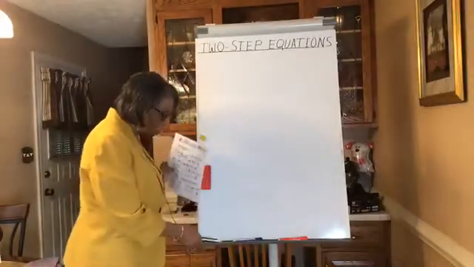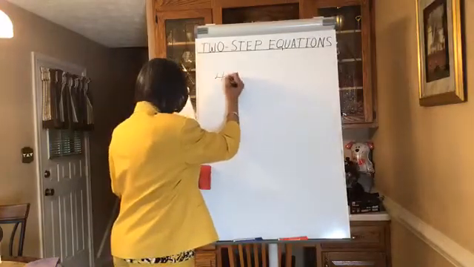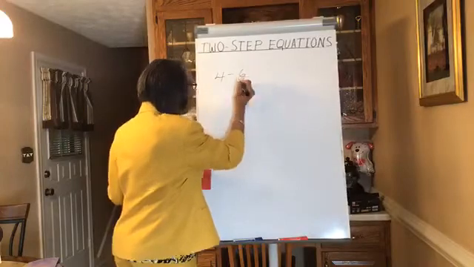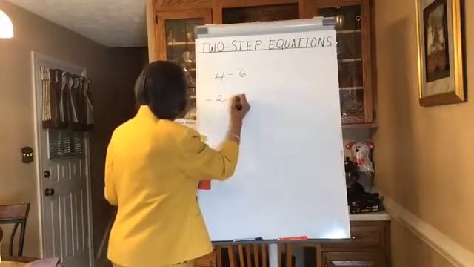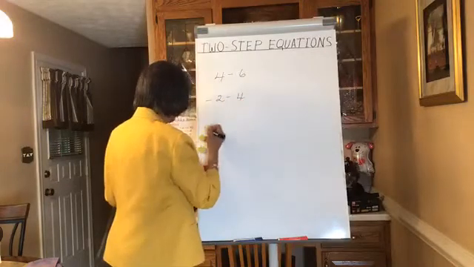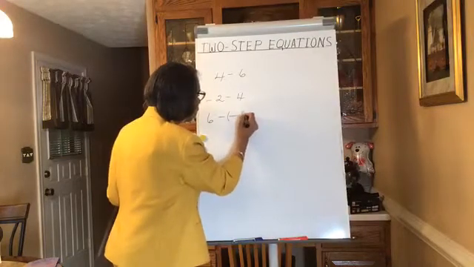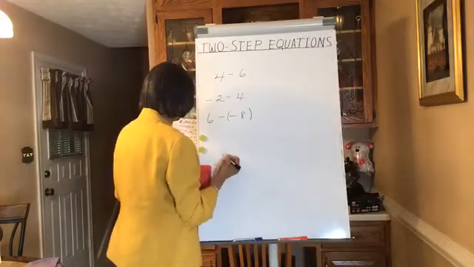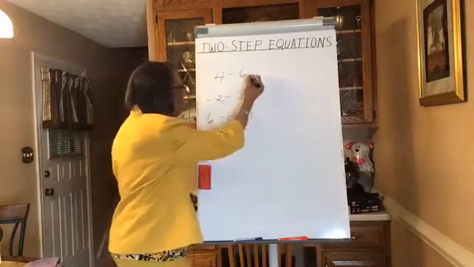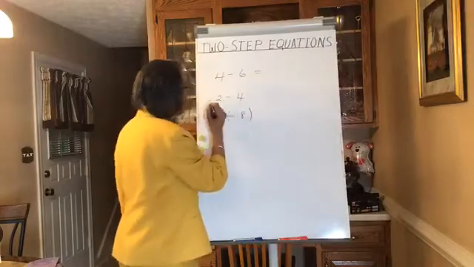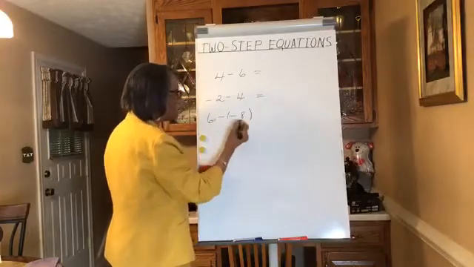All right, I'm going to put some examples on the board, and I want you to give me the answers. And hopefully you can do that without using your number line. All right, let's start with those three. 4 minus 6, negative 2 minus 4, and 6 minus negative 8.